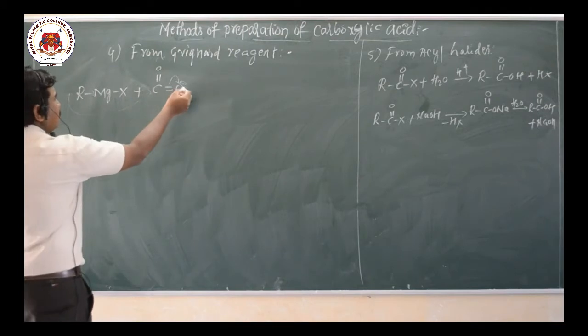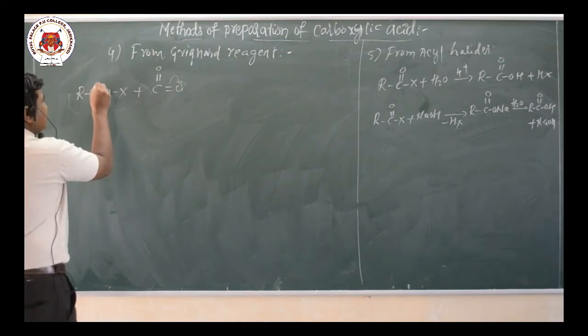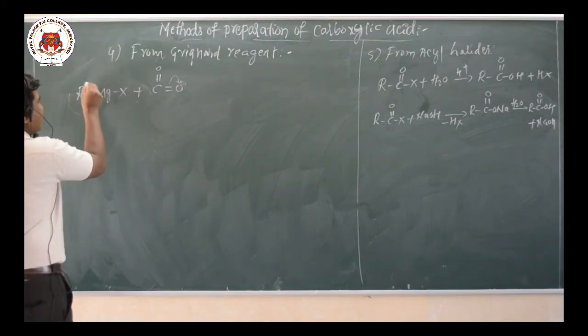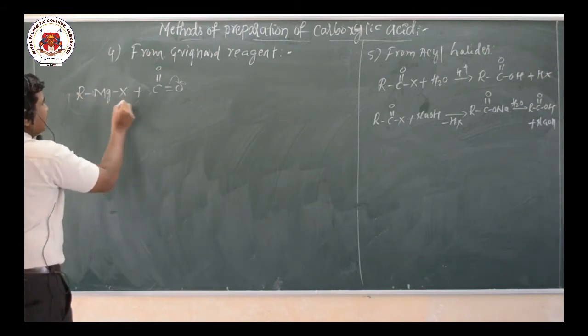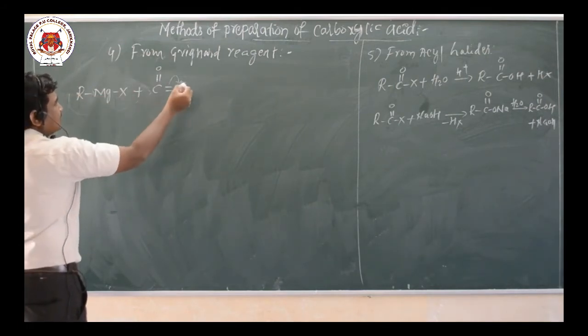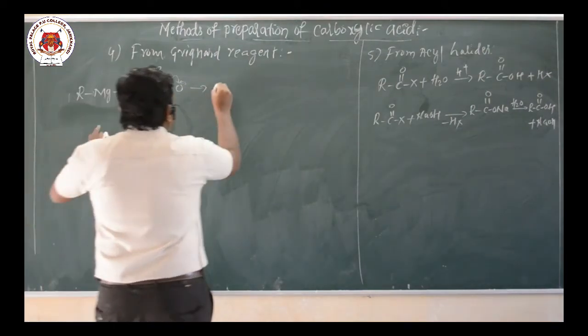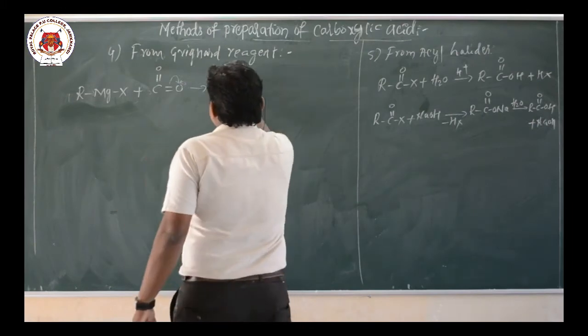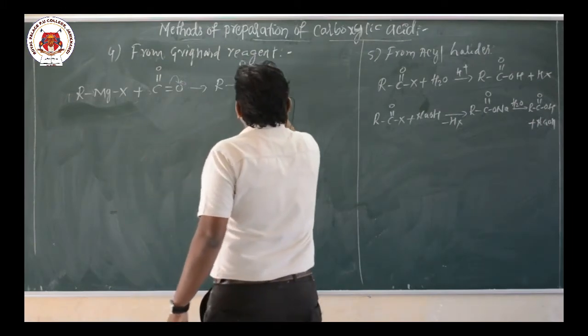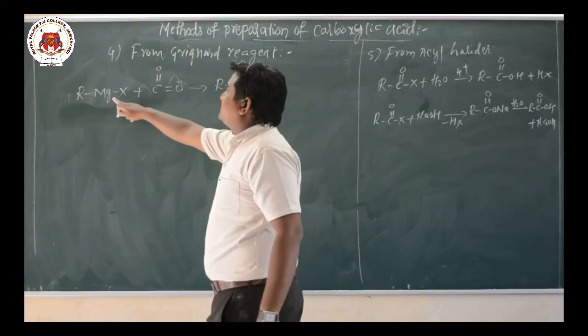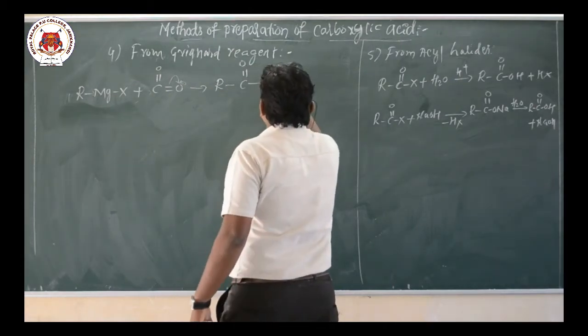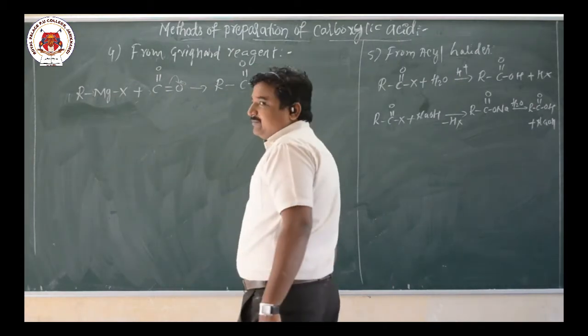MgX is the plus part, and R is the minus part. So the MgX plus part adds here. The intermediate product is R C double bond O, and this plus part adds here, OMgX. So this is an intermediate adduct.